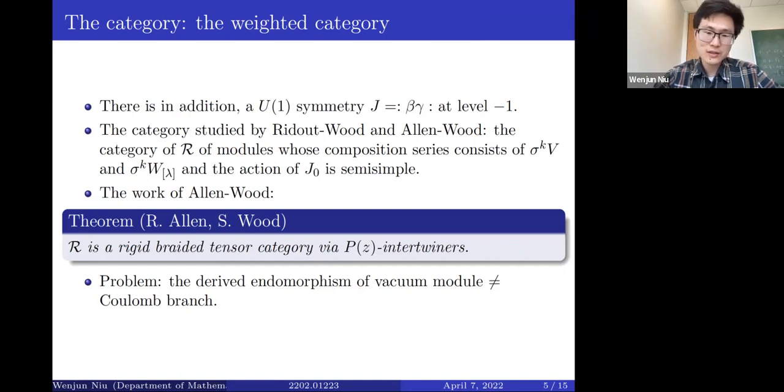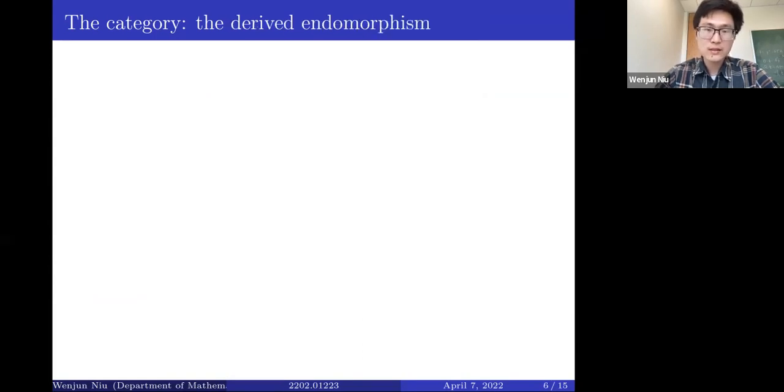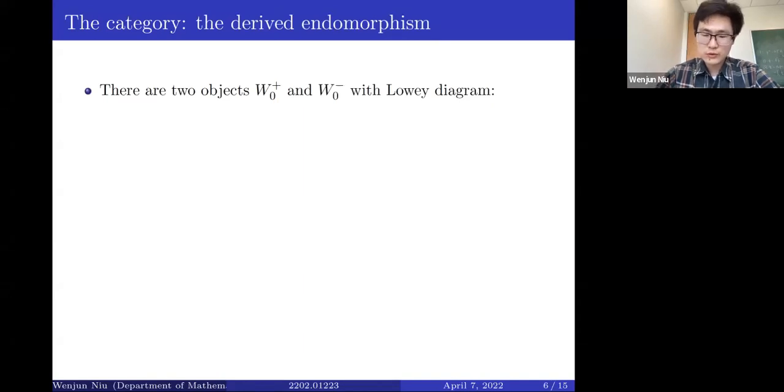And in our example, the Coulomb branch is just a copy of C, but I'll explain that in this category R, the derived endomorphism is not C. So to show you this computation, let me introduce these two indecomposable objects, but now these two objects are not simple.